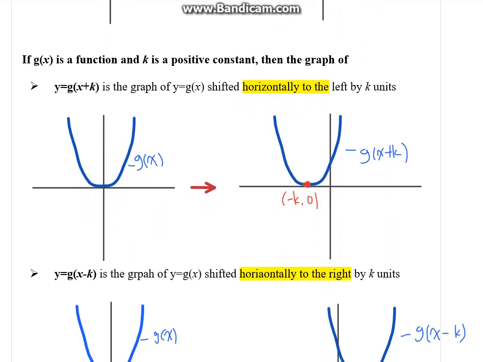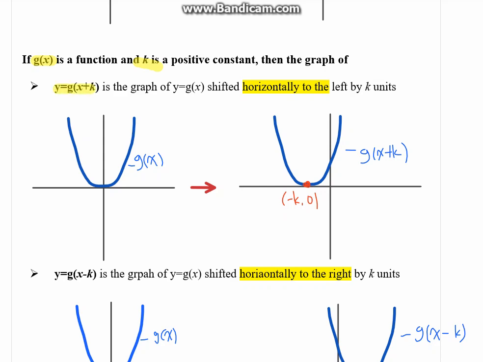Okay, so we're going to look at horizontal shifts. If g(x) is a function, and again k is a constant, then y is g, inside the parentheses, x plus k.